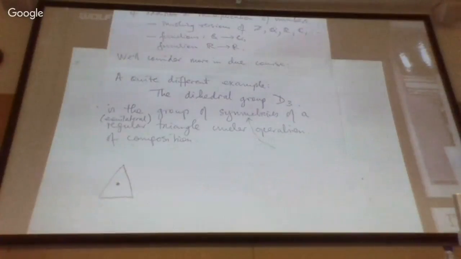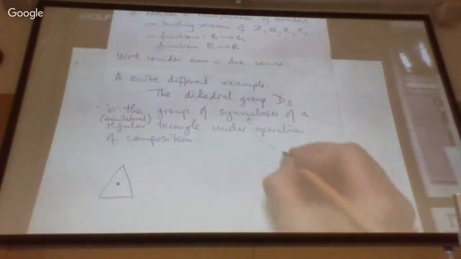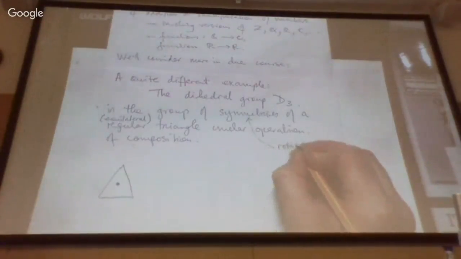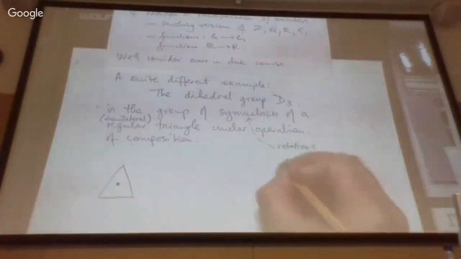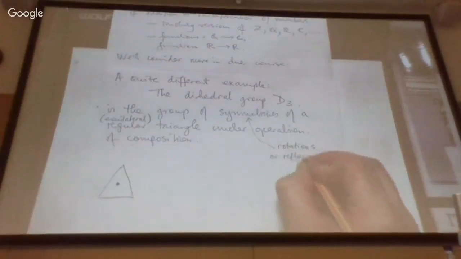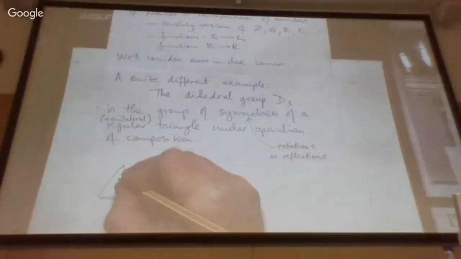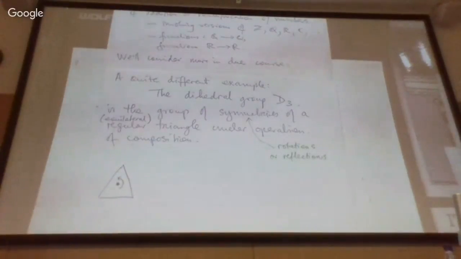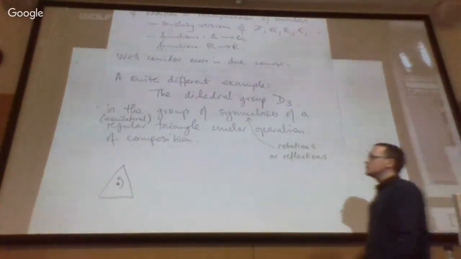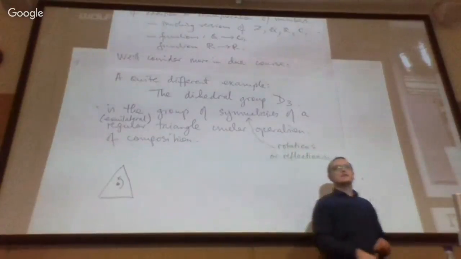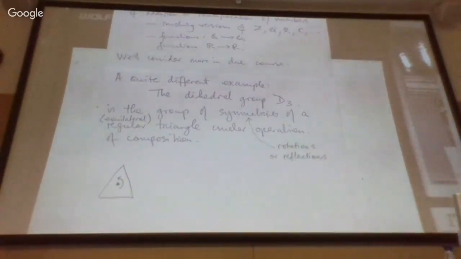So we'll think that this point there is just centered at some fixed point. The kind of things we allow as symmetries are rotations or reflections. Rotations around this central point, or reflections in various axes.